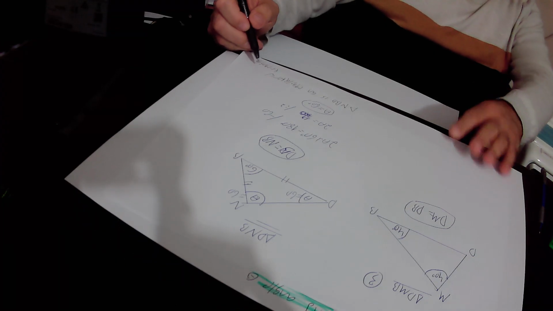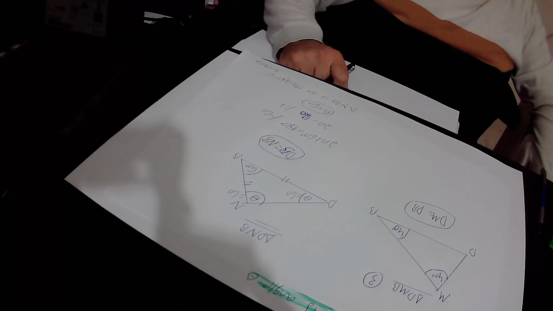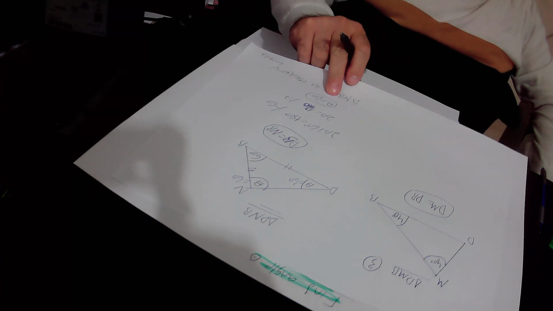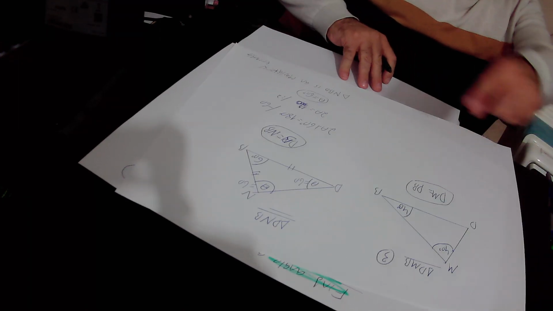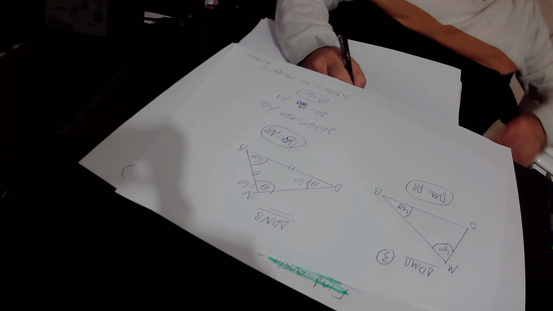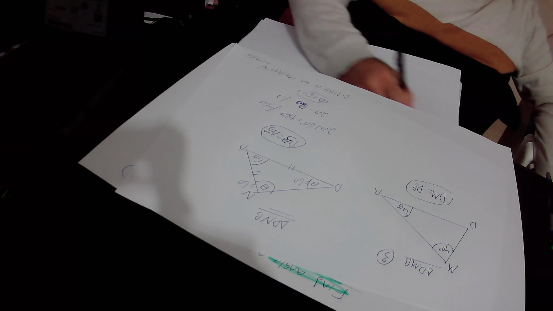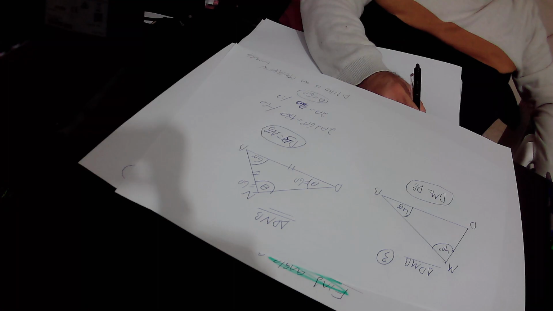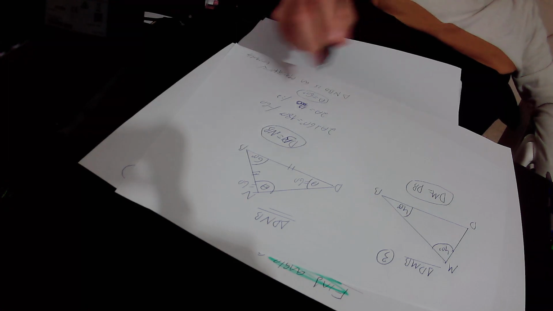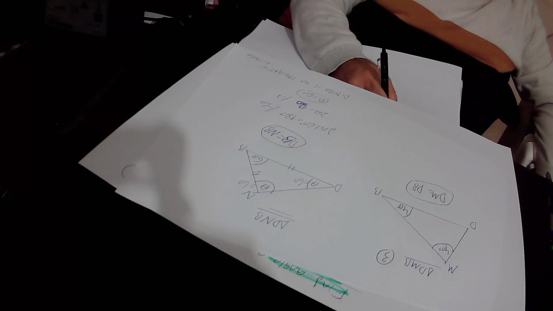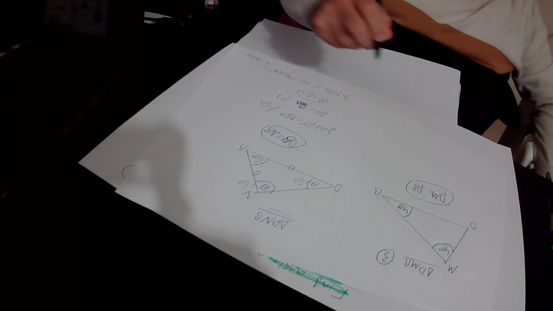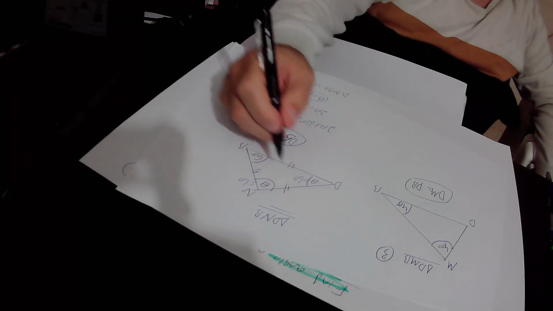Okay, and we also know that all the sides of an equilateral triangle are equal to each other. So in triangle DNB, DN equals NB equals DB. Those sides are equal to each other.